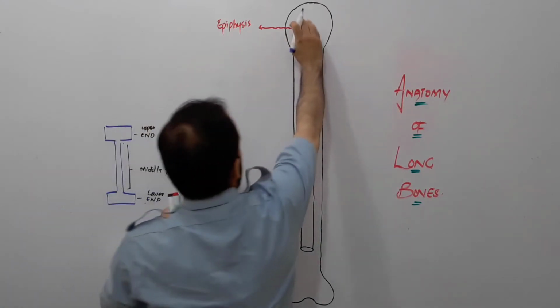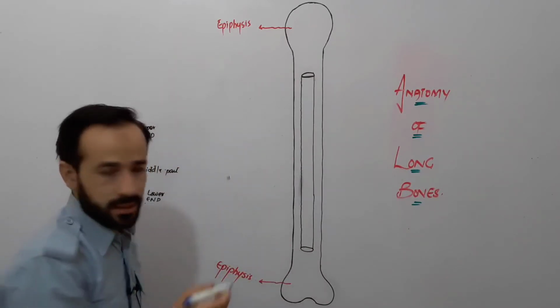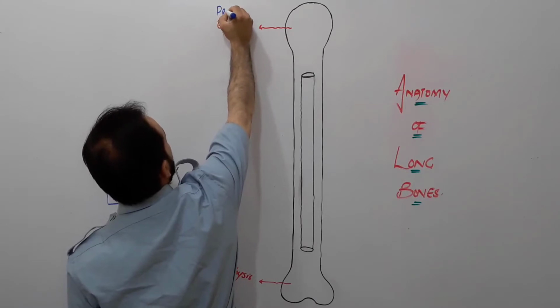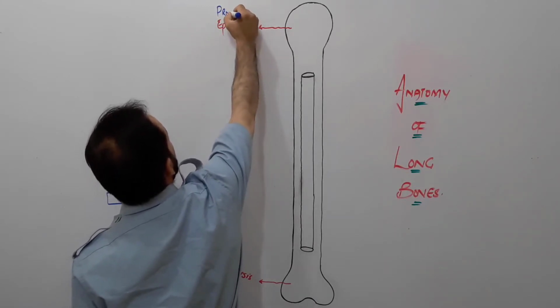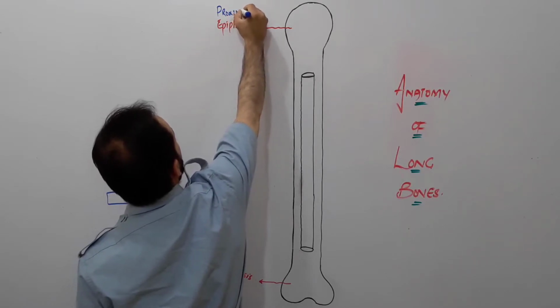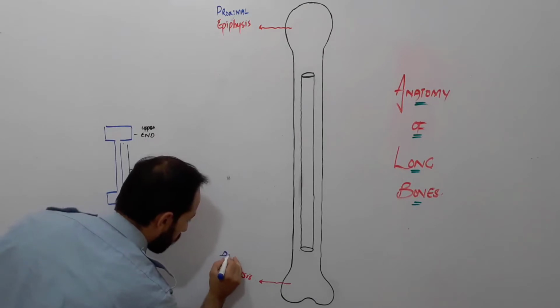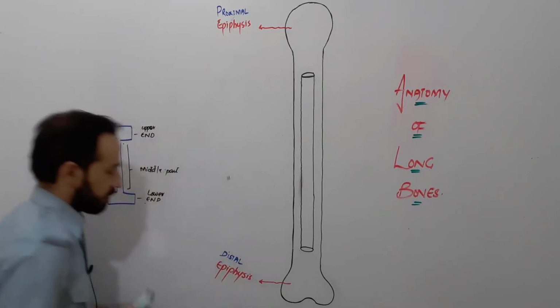That's why we say, look carefully, this is called the upper epiphysis, or the proximal epiphysis, and this one is the distal epiphysis.